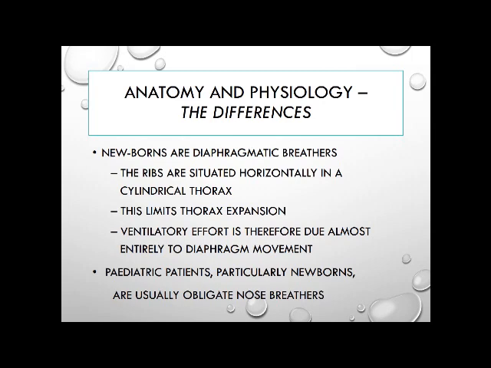So the ventilation of the lungs, or the process of breathing, heavily relies on the diaphragm, and the newborns and the infants are nasal breathers, or they are breathing through the nose, and that will cause potential challenges in terms of obstruction, especially if there's fluid retained or if there's any infection or inflammation of the upper airway in the nasopharynx.